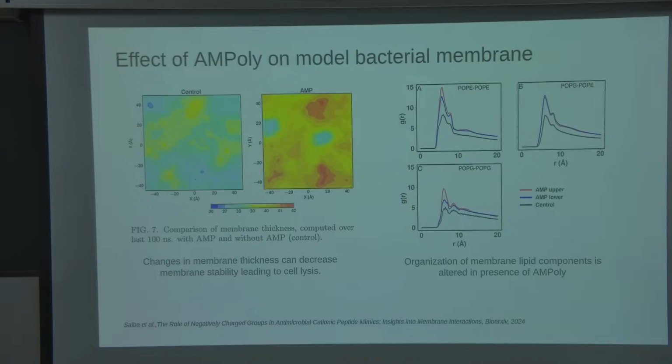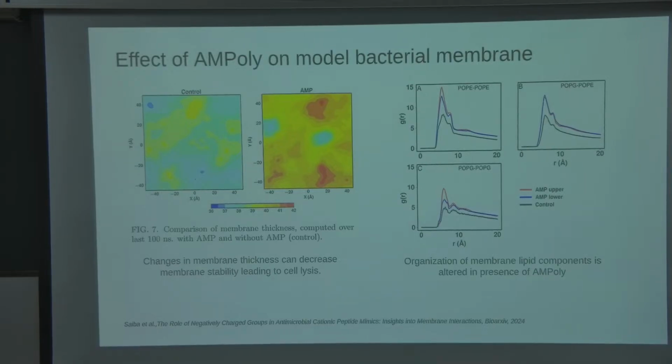We then look at the organization of these lipids on the membrane. In the black case, the control, and we have the AMP, the antimicrobial polymer, added only on the upper surface. So the lower surface acts as a control in that case as well.